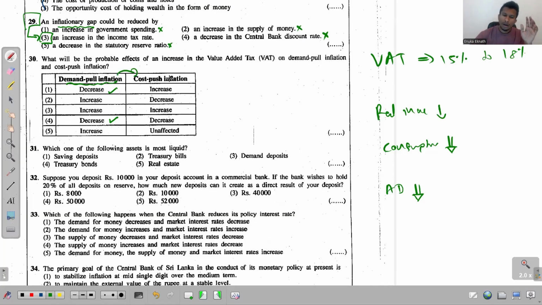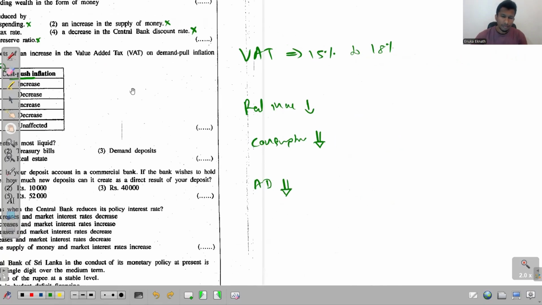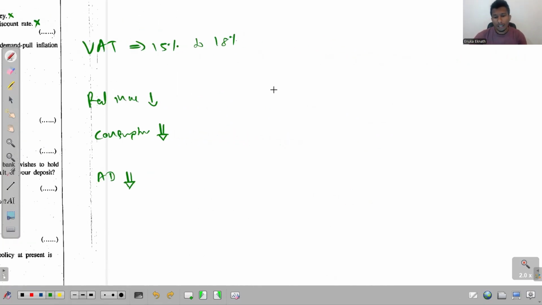Now, as a result of this increase in VAT rate, what happens to the cost push inflation? See, if I draw the relevant curves, let me take the real output to this side and the price level to this axis, right?